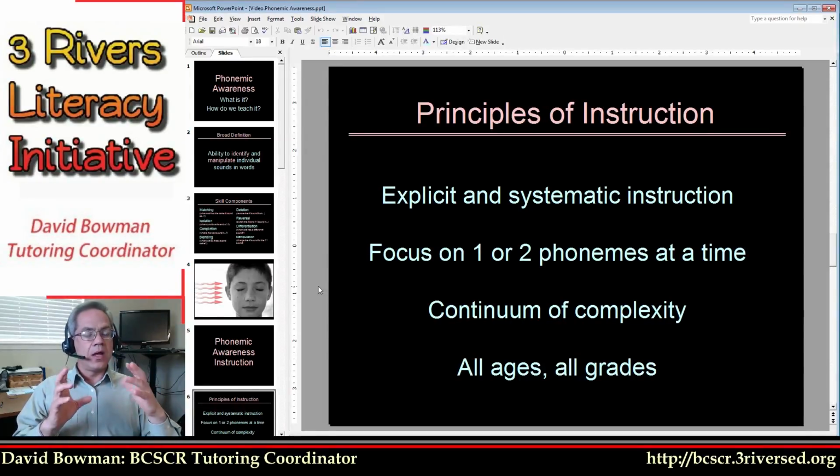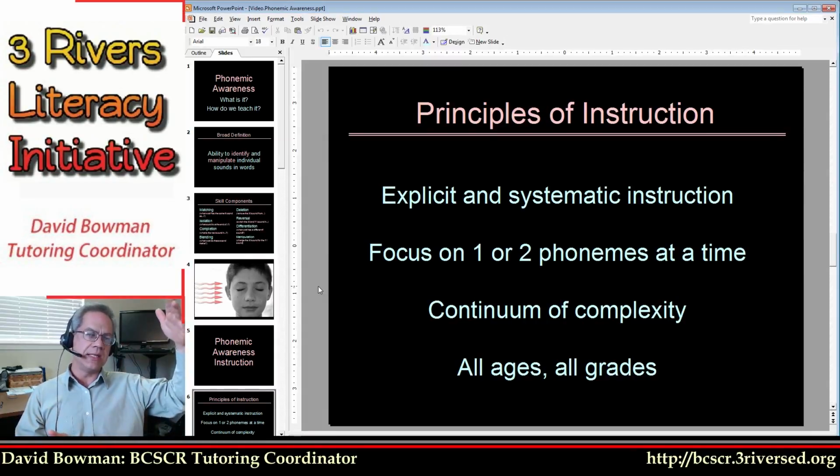So we have to think about what a student can do, but there is a very long continuum of skills that will allow us to provide meaningful instruction in phonemic awareness all the way through the high school level.